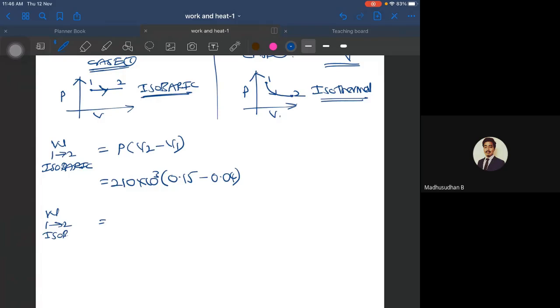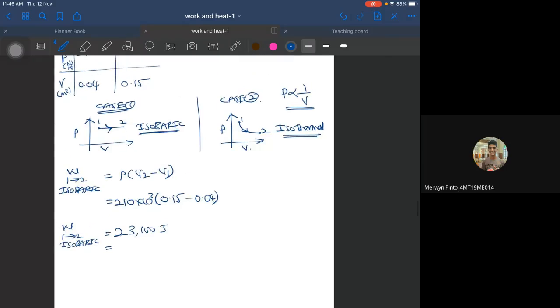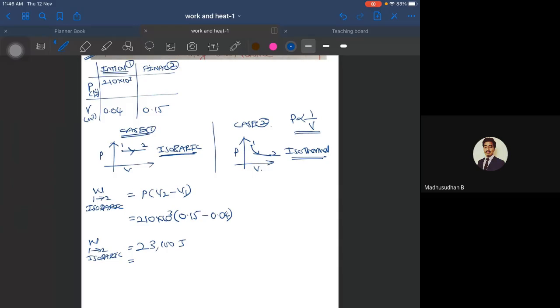All of you keep your calculators with you. Okay, so it is how much? 23,100 was the one answer. Is that right? Yes, sir. Okay, so I can write it as 23.1 kilojoules. So this is the answer for case 1.